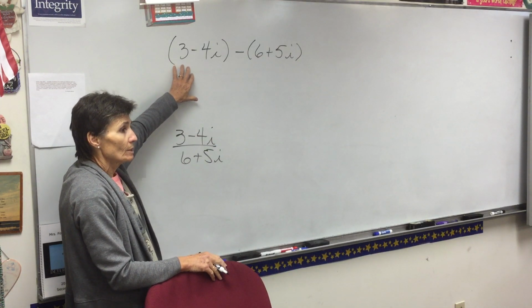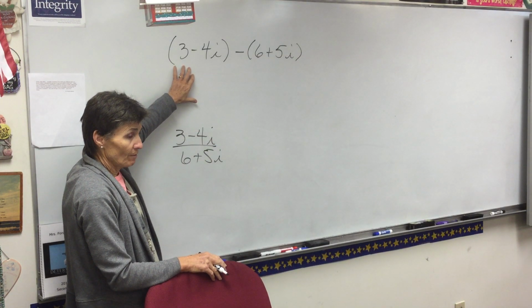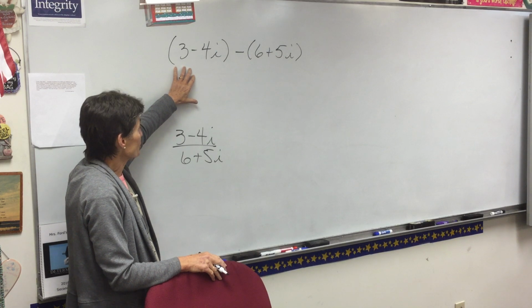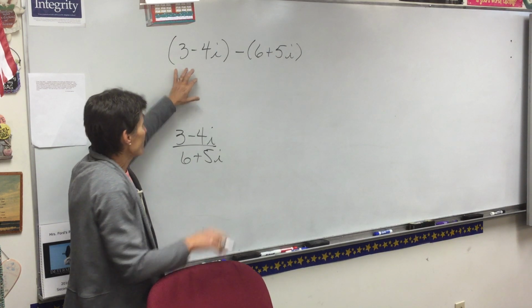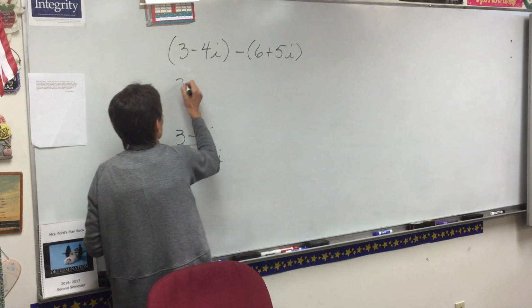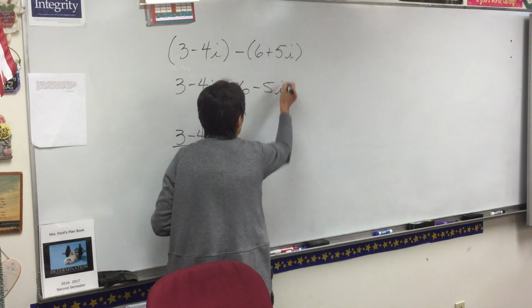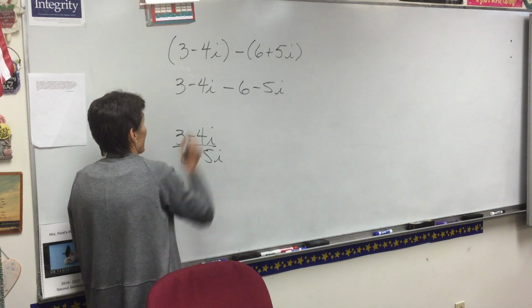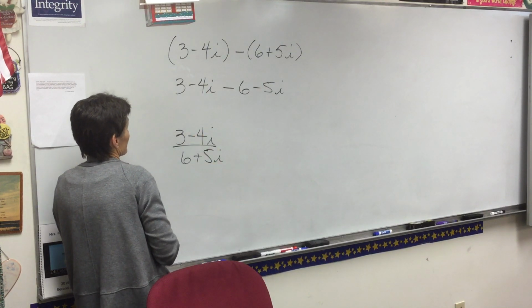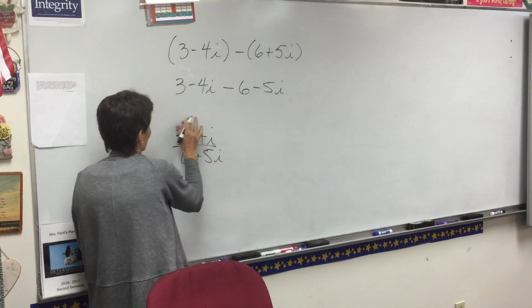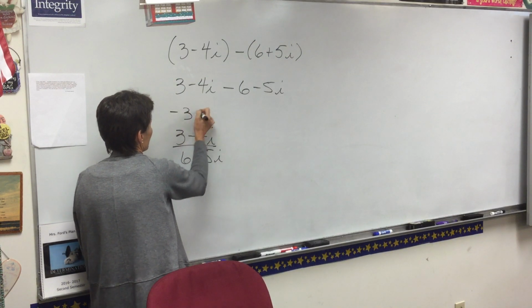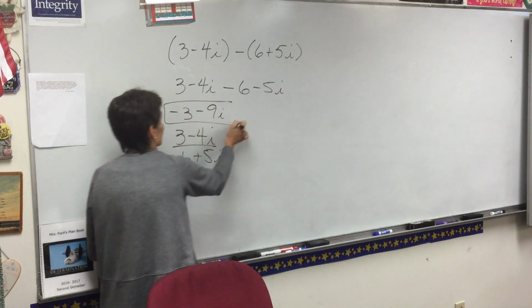We're going to simplify here. This is not a FOIL. We're just going to collect like terms. But first we're going to distribute that negative. So now I can collect like terms and I'll get -3 minus 9i.